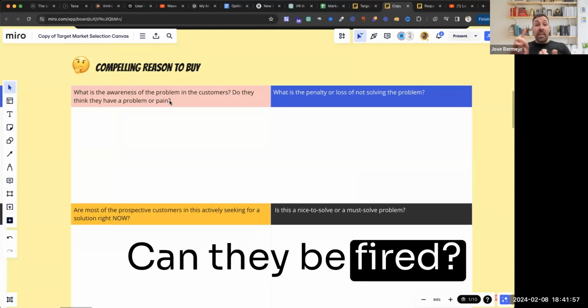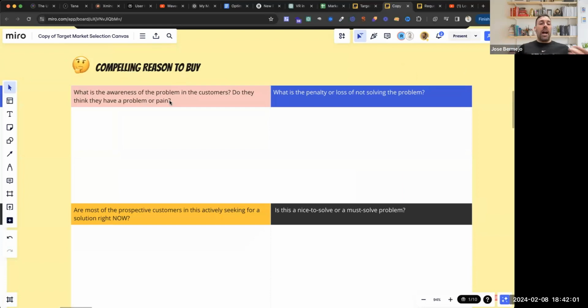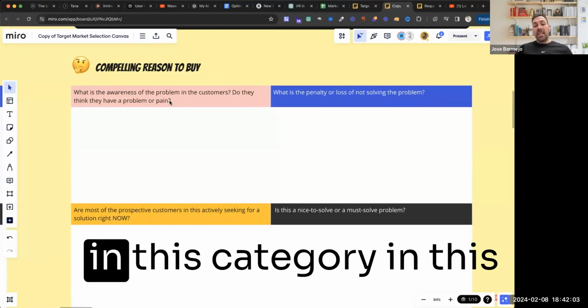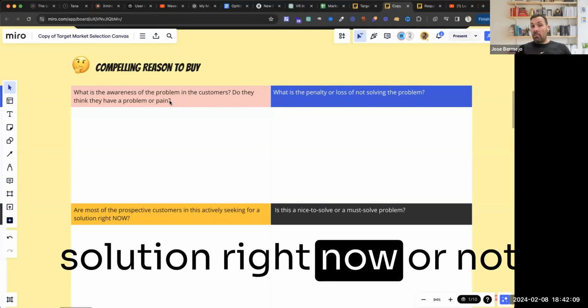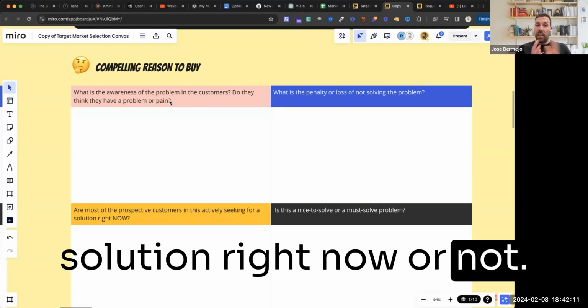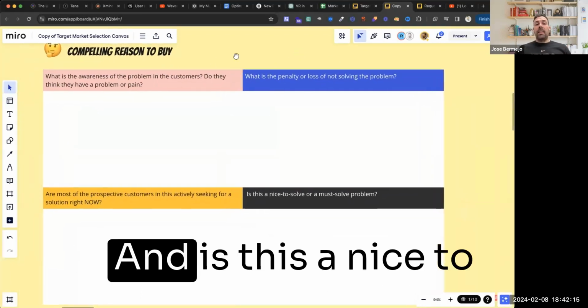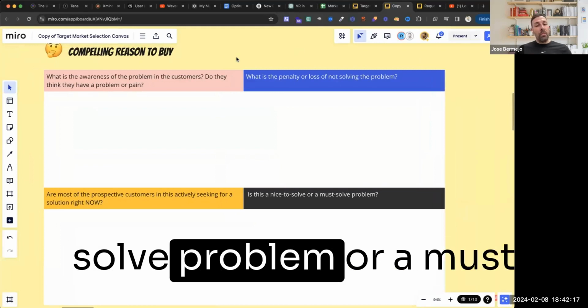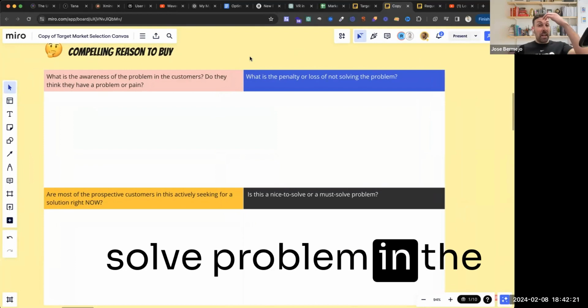Can they be fired? Are they getting super frustrated? They cannot keep up with this. Are most of the prospective customers in this market seeking a solution right now or not? That determines if we're creating a market or not. And is this a nice-to-solve problem or a must-solve problem in the eyes of the customer?